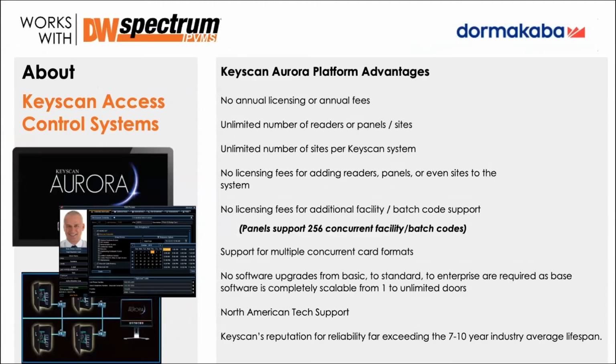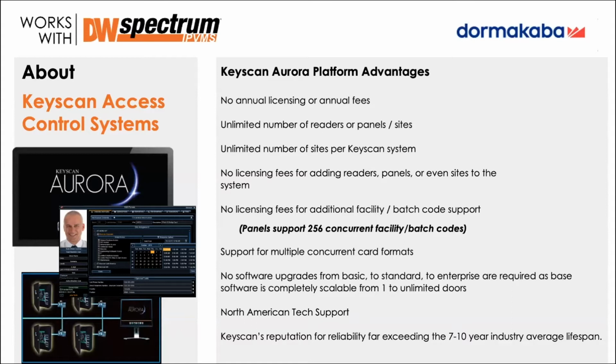So these are some of the advantages of the Keyscan Aurora platform. There's no annual licensing fees or any other annual fees. Out of the box, you've got an unlimited number of readers, panels, and sites that you can have with the Keyscan system. There's no licensing fees to adding readers, panels, sites, or batch codes.